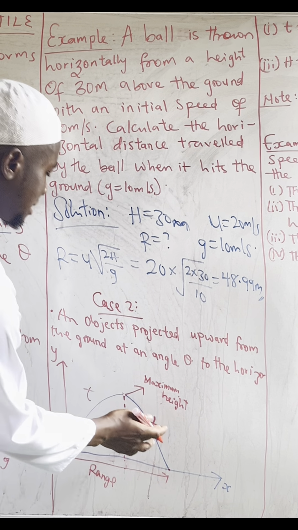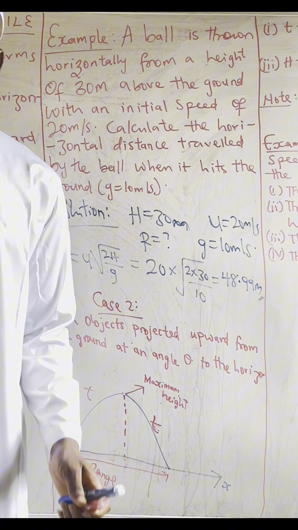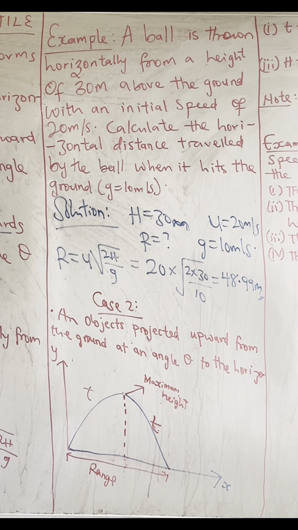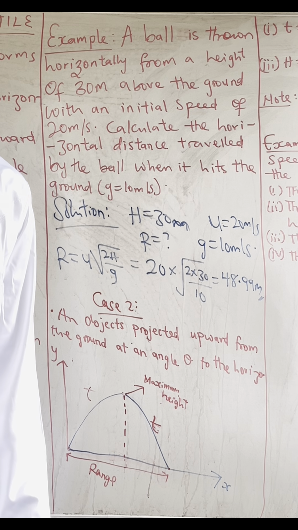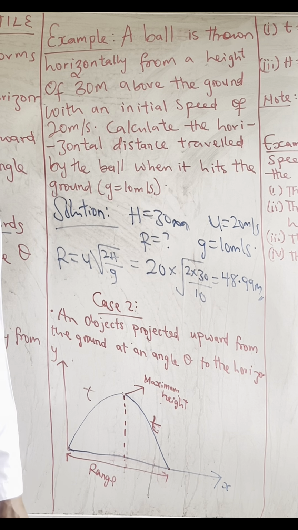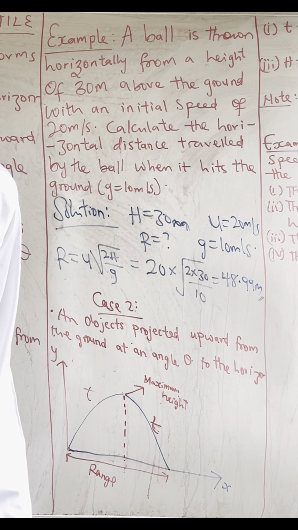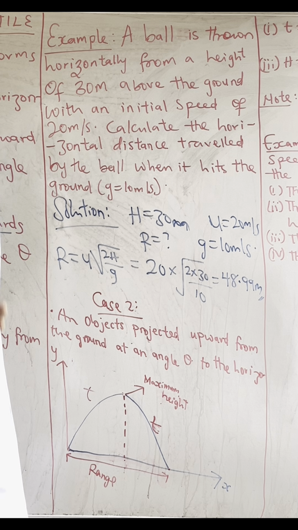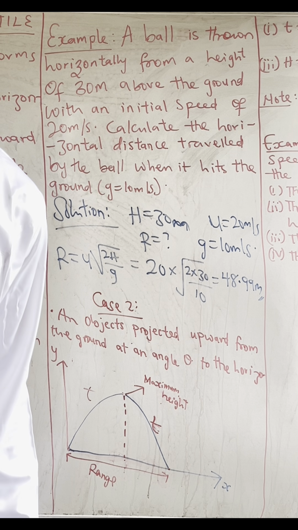So therefore, guys, you have to be able to differentiate between two things. We have the time taken to reach the maximum height, and we also have what we refer to as the time of flight. Guys, the time of flight simply means the total time taken by the object in air.